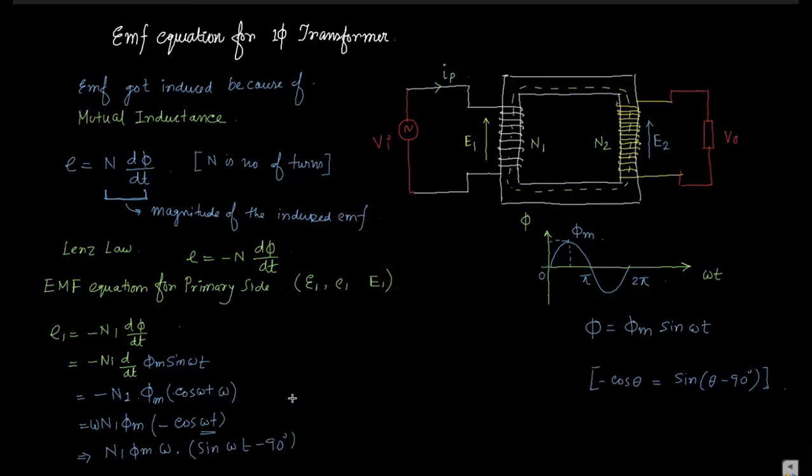So E1 becomes 2 pi f N1 phi m, and you should give a bracket over here, sine of omega t minus 90.